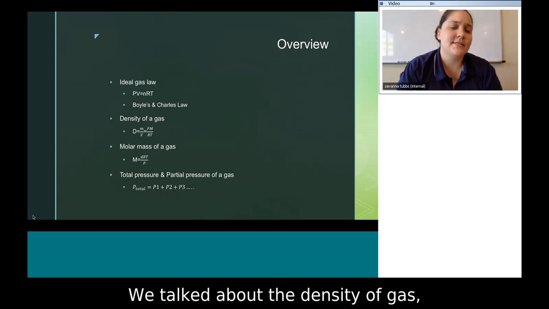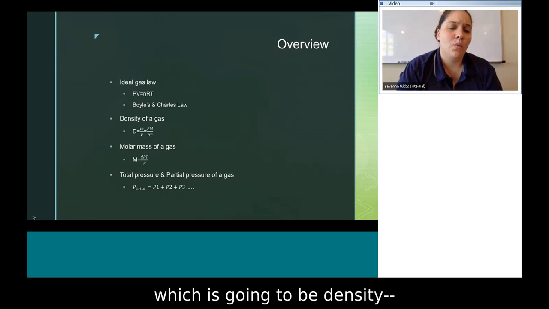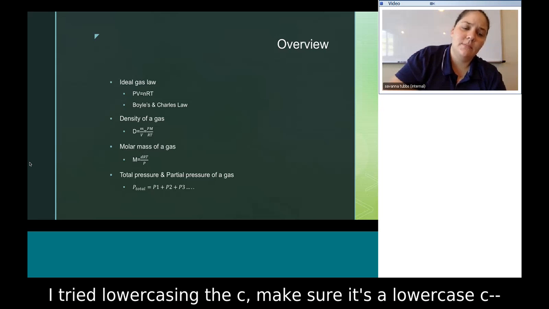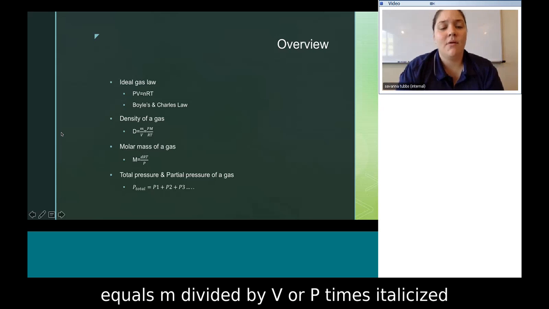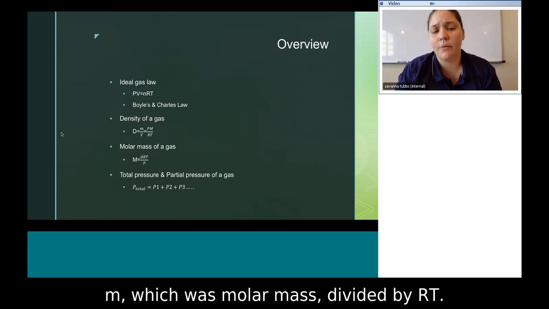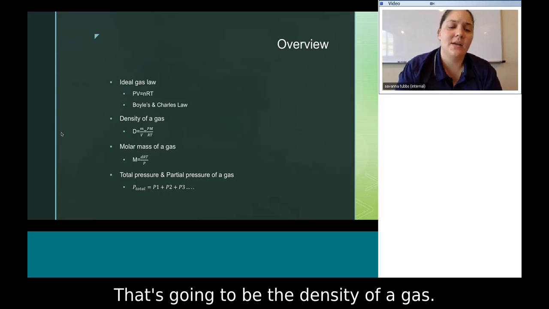We talked about the density of gas, which is going to be lowercase d equals m divided by V, or P times italicized M, which was molar mass, divided by RT.